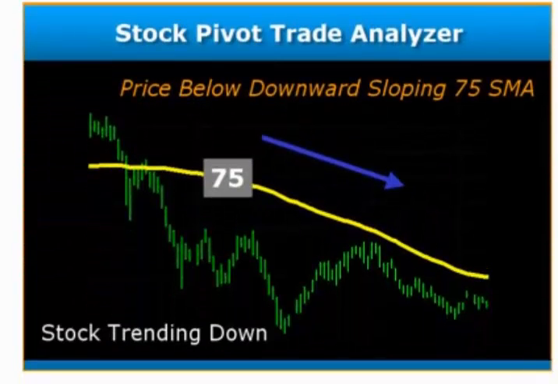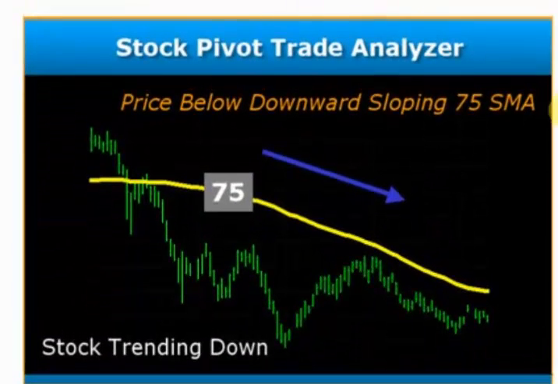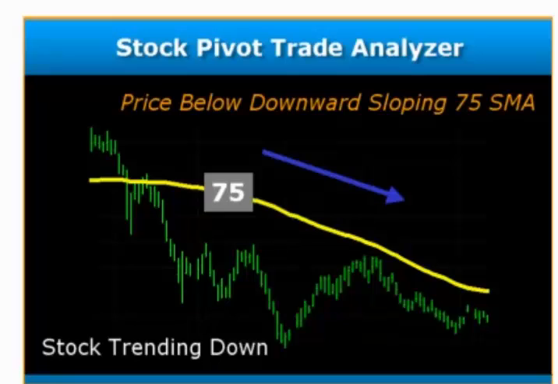Vice versa, if you have a stock in a downtrend, you're going to see the price moving below a downward sloping 75. So get this moving average on your daily price charts so that you have this as a reference point, and you'll be able to see pretty quickly what you're dealing with.